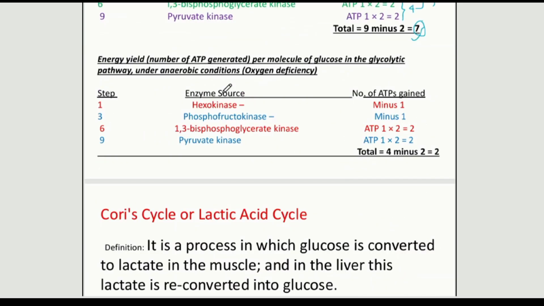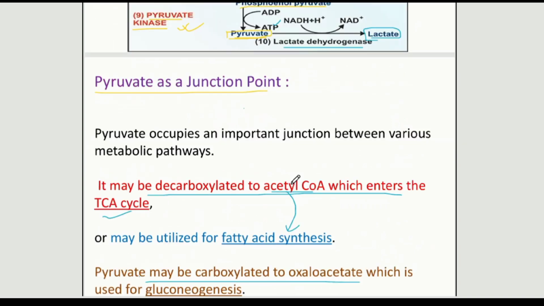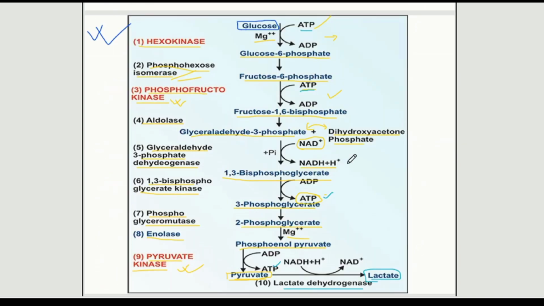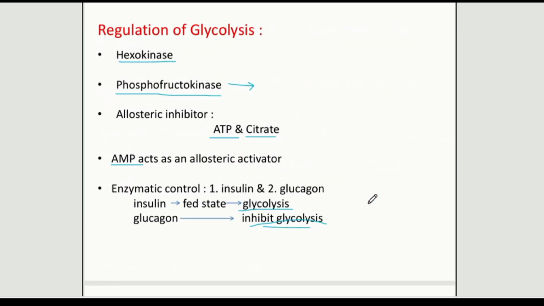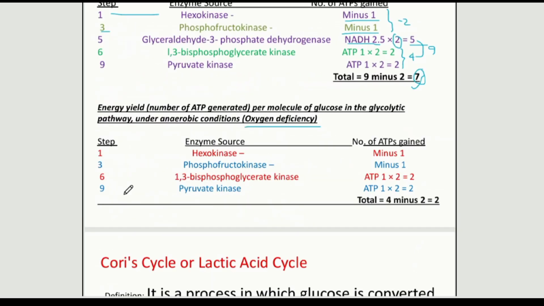And if we see when oxygen is deficient, in the anaerobic condition, there is no production of NADH plus H plus. In anaerobic condition, NADH plus H plus is not produced. So the first step is similar, where one ATP molecule is used.